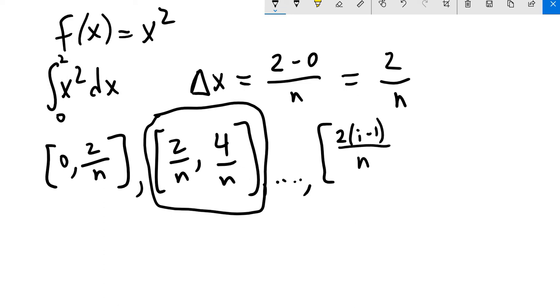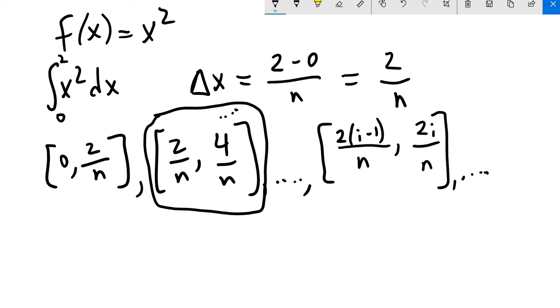So 2 times i minus 1 over n up to 2 times i over n. Because like this one over here, for example, if we're in the second interval, 2 times 2 is 4, and that's how we get the 4 over n. So that's just a general way of writing the ith interval.